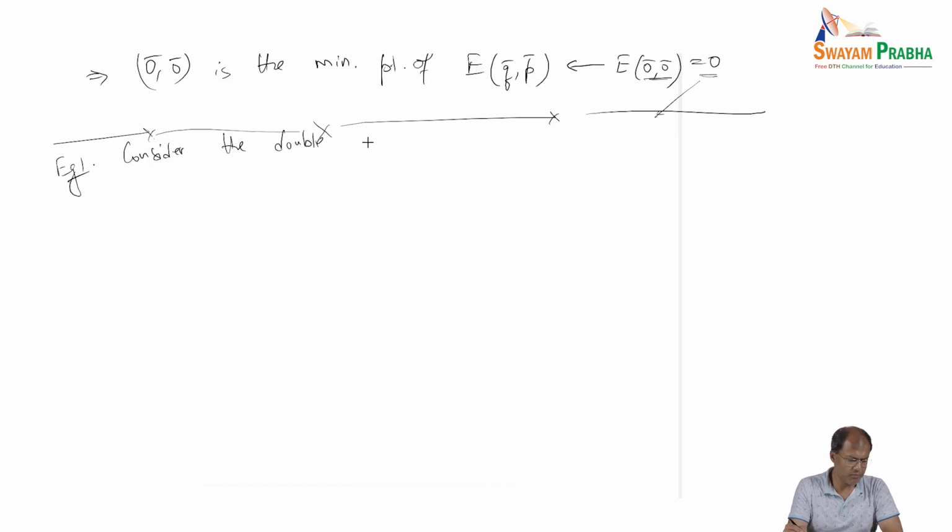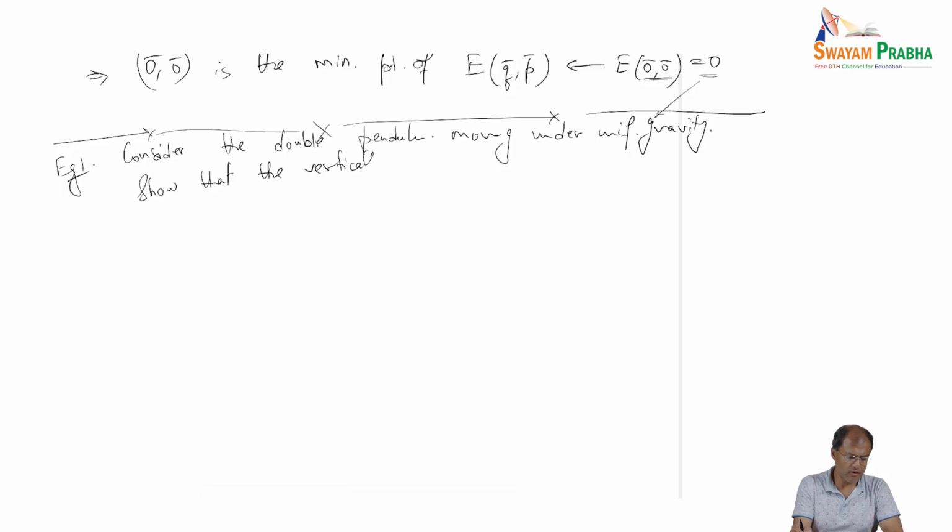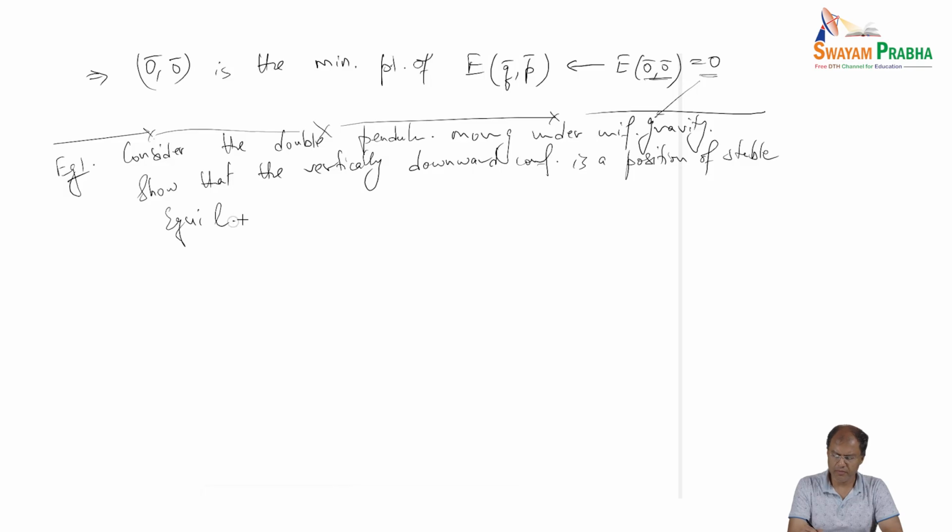We look at this example of a double pendulum moving under uniform gravity, and we show that the vertically downward configuration is a position of stable equilibrium. We have to show that this is the case for the double pendulum.